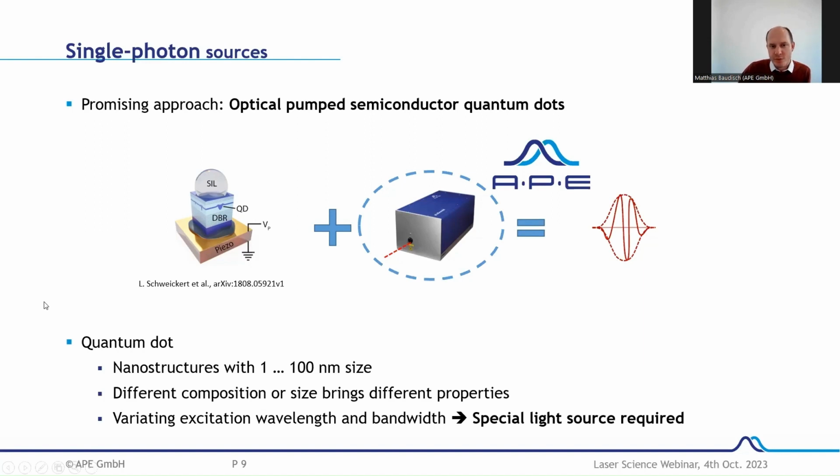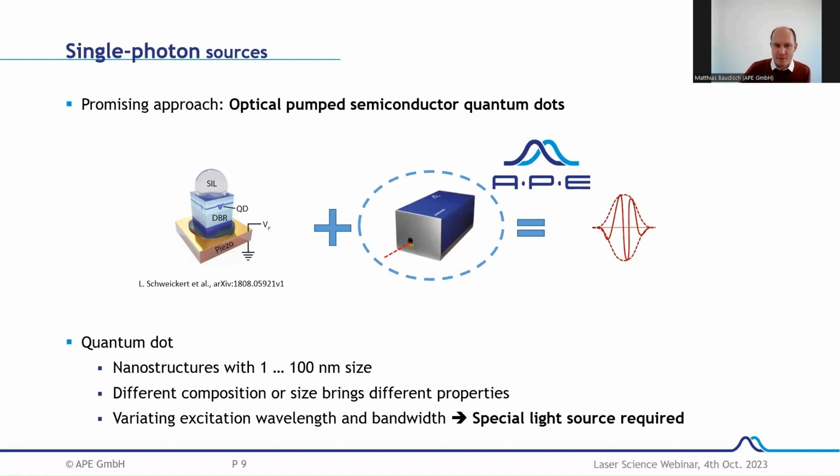And what we do in this chain is essentially we design and fabricate specific light sources to excite, to pump the quantum dot structures. Maybe just a quick reminder: quantum dots are very small nanostructures in the range of 1 to 100 nanometer size.